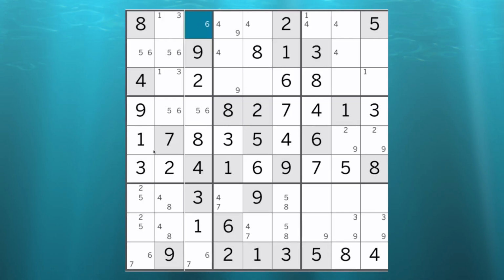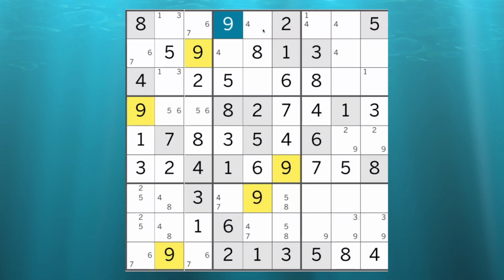The middle can't be a 7. Five's got to be there, so that can't be a 5. So got a 6-7 pair here. That's the only 5 option. And then this 5, this 5, this 5 makes that a 5, leaving only this to be a 9.